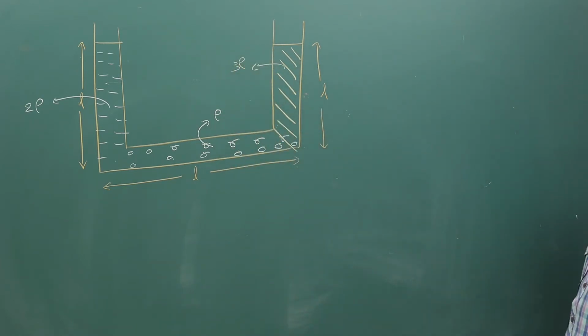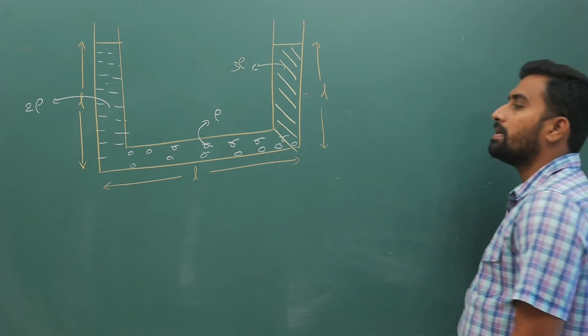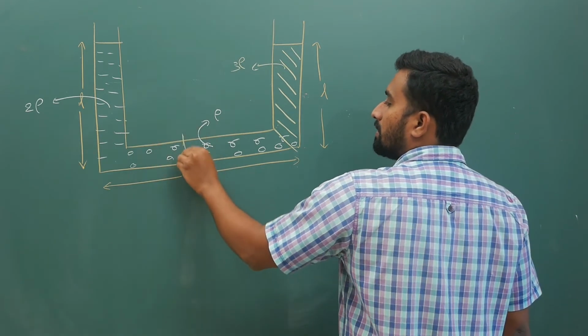Find the final height in each limb when the knob is released. Let us say you have the knob.